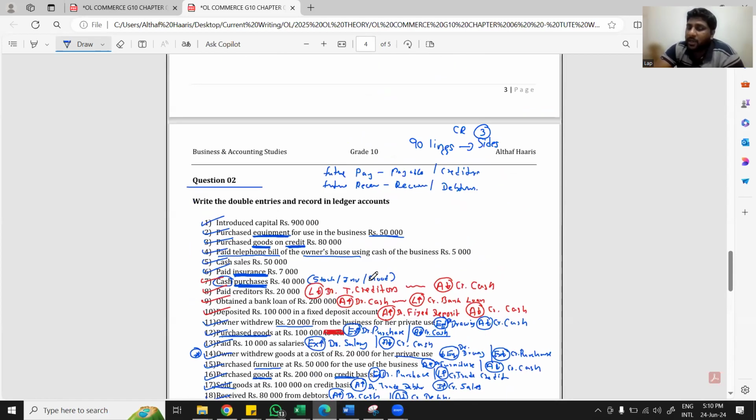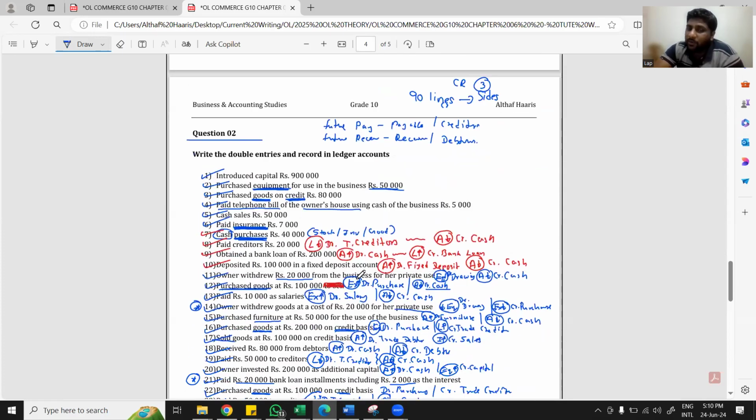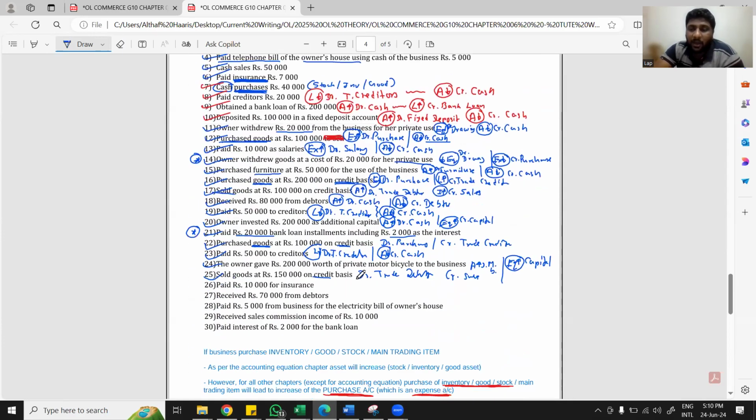Because without double entries, you'll have to forget accounting. If you don't know double entry, simply forget accounting and the commerce subject also, because 60% of your paper is accounting.